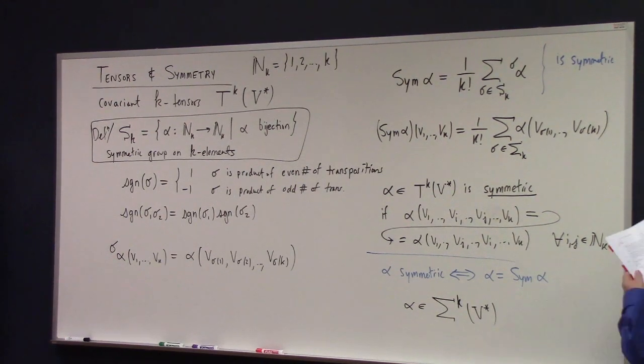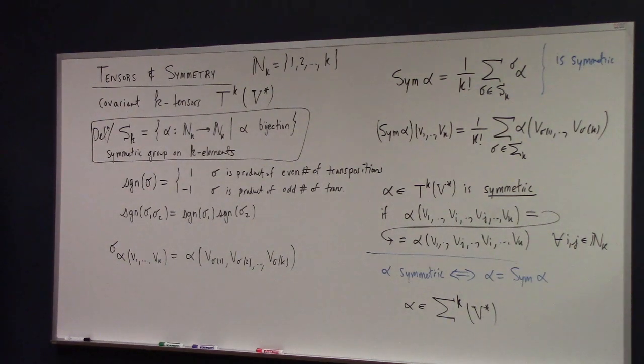Next up, he tells us about the symmetric product. Let's say alpha in Sigma^k(V*) and beta in Sigma^l(V*).